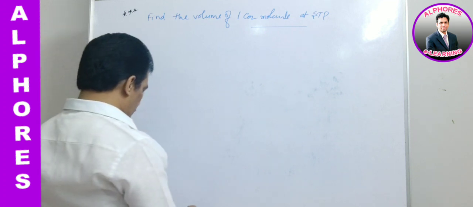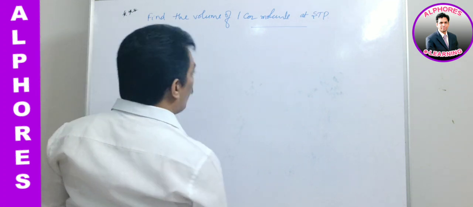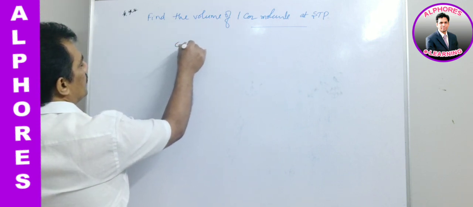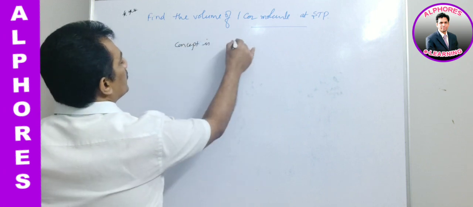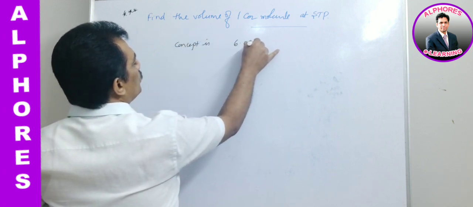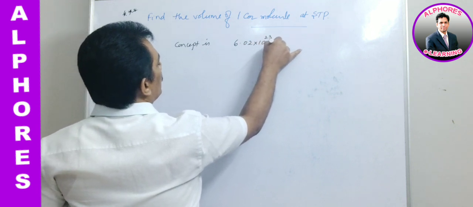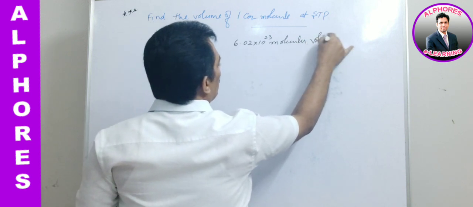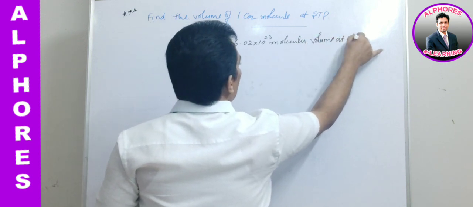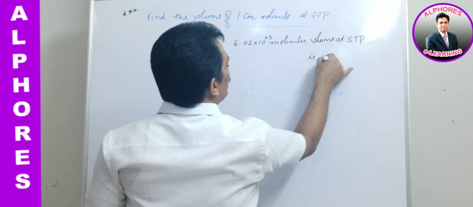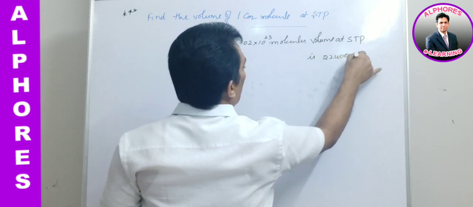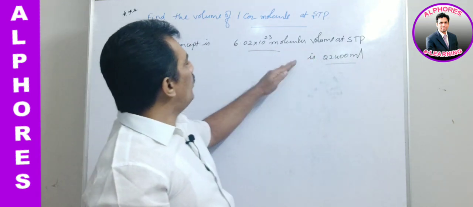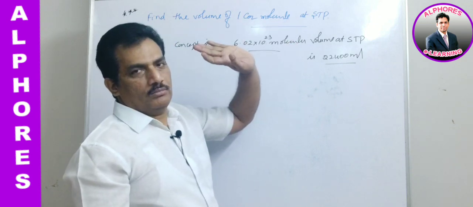When they are asking for the volume of one molecule, how to find it? We know the concept is this: 6.02 into 10 to the power of 23 molecules volume at STP is 22,400 ml. From this concept we have to measure one molecule volume.